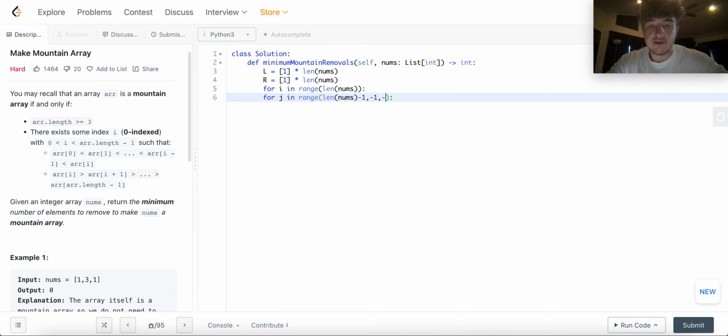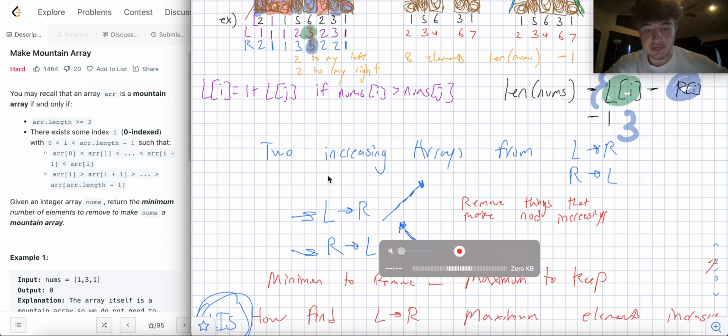If we're going from the right, you have to do that terrible thing in Python. We'll say, okay, L of i is 1 plus the max that we can get. The recurrence relationship, we already looked at it, is 1 plus L of j if nums of i is greater than nums of j.